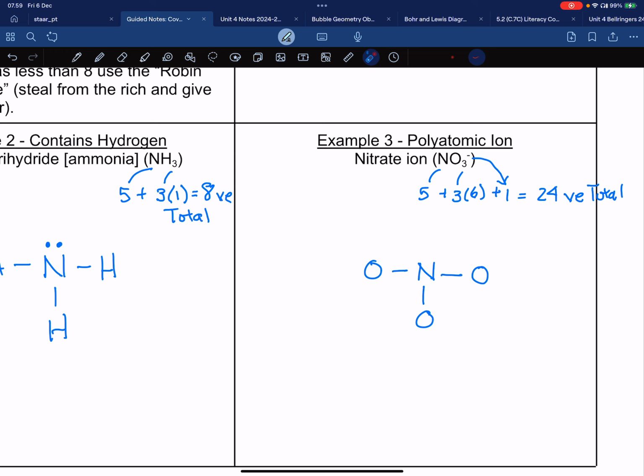So I'm going to start at a terminal, an end atom, and I'm going to add electrons to it until it's full, and then I'm going to move around the structure. Okay? So I'm going to start here. 2, 4, 6, 8, 10, 12, 14, 16, 18, 20, 22, 24.